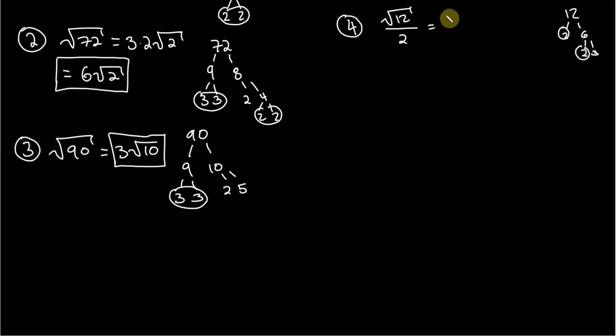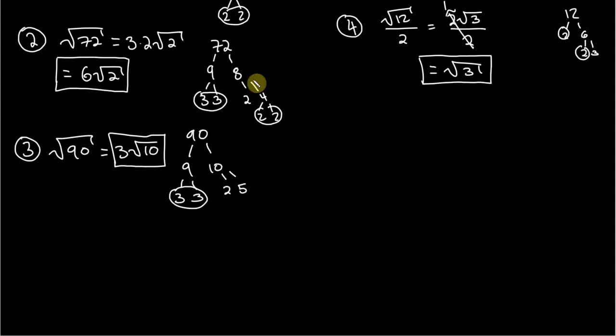So in the numerator, it's going to be 2 root 3, and then it's going to be over 2. And then we can simplify this yet further. 2 divided by 2 is 1, right? So this just simplifies to root 3. We don't have to write the 1 in front, it's implicit there. So yeah, that just simplifies to square root of 3.